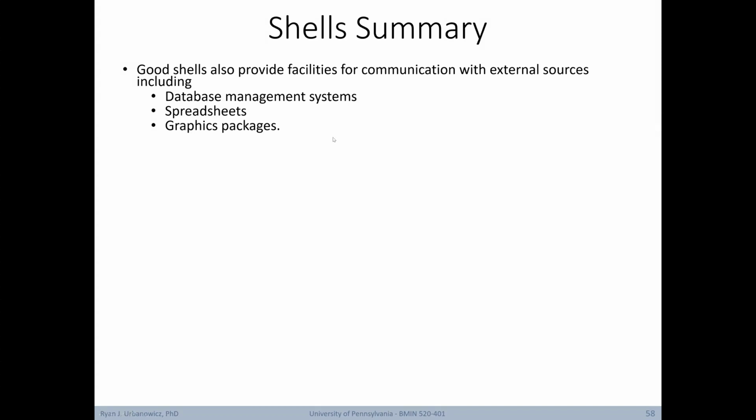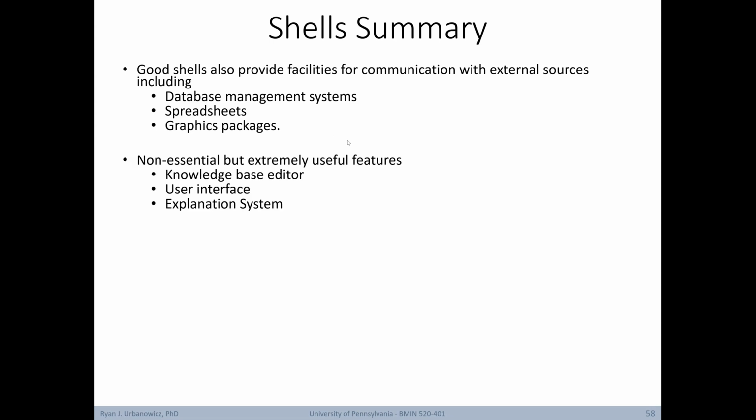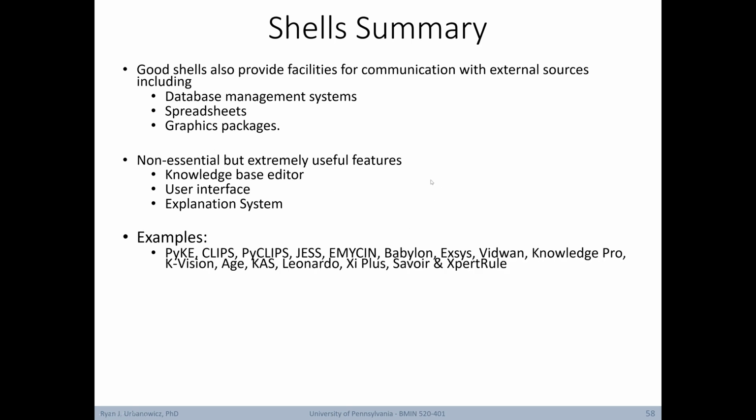Good shells also provide facilities for communication with external resources, including database management systems, spreadsheets, and graphics packages. Other non-essential but extremely useful features include ones that we've already discussed: the knowledge base editor, the user interface, and an explanation system.